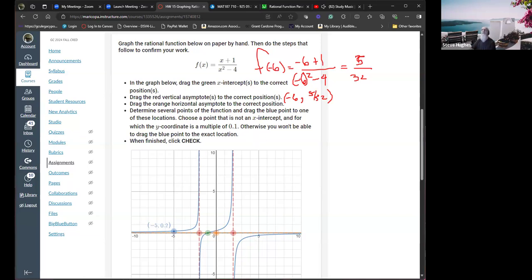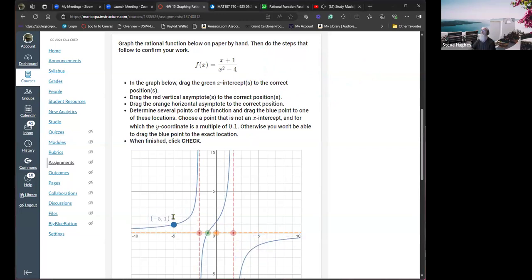I need to try a point that actually gives me a value I can plot easily. I can choose anything I want to over here, right? It just has to be something that I could plot along the x-axis that gives me a point that's easy to work with. All it has to be, right, is smaller than or more negative than -2.